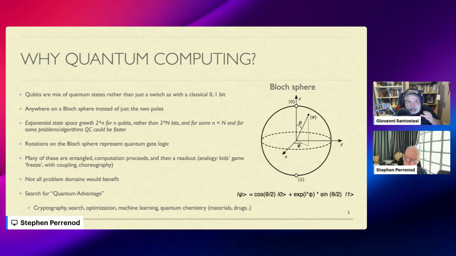So you are saying I will need a certain number of bits to solve a classical problem. That number is n, let's say.